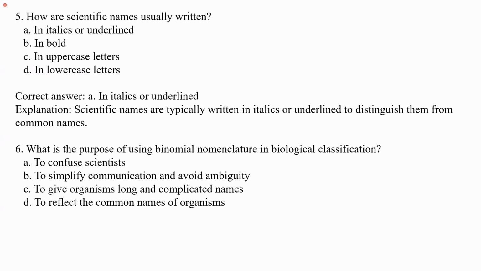The next question is, what is the purpose of using binomial nomenclature in biological classification? The options are to confuse the scientists, to simplify communication and avoid ambiguity, to give organisms long and complicated names, or to reflect the common names of the organisms. The purpose of introducing binomial nomenclature was that organisms having the same characteristics should be recognized by the same name all over the world, in the complete scientific community.